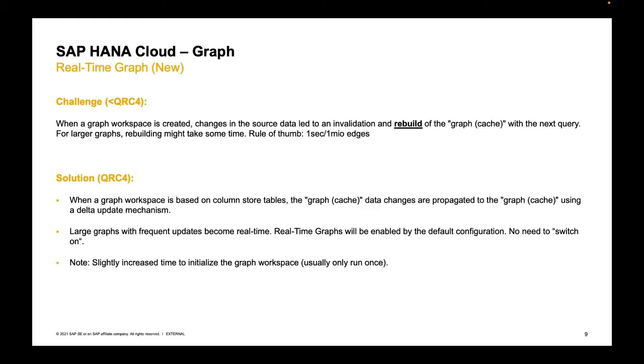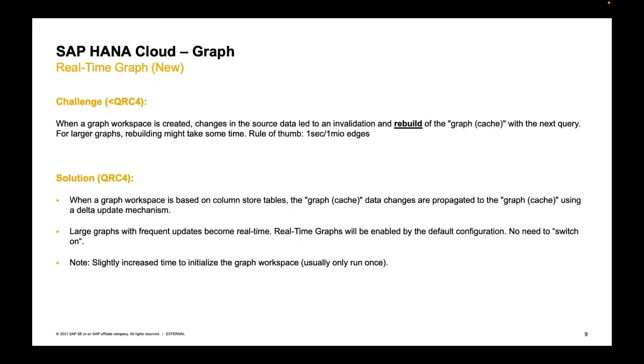So for larger graphs with millions of edges, we had to rebuild the graph once a value was changed. You can imagine, it's like 1 second per 1 million edges. And that is not really real time.